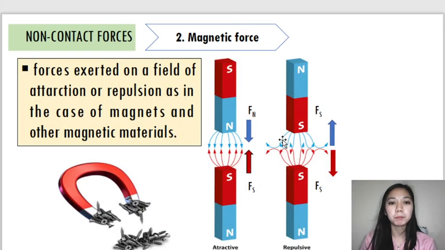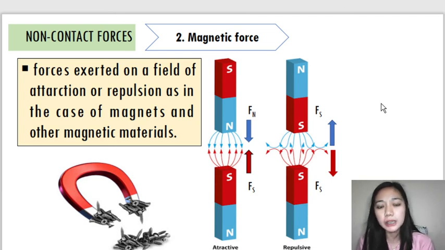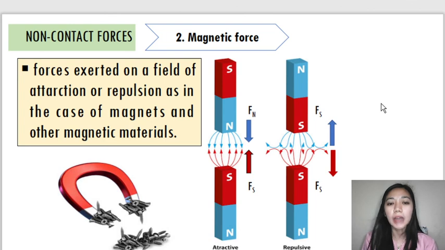Okay? Let's proceed with the last example of the non-contact forces. Example of non-contact forces is a magnetic force. And magnetic forces are exerted on a field of attraction or repulsion in case of magnets and other magnetic materials. Ibig sabihin nito, objects that have magnetic materials or metals, they could have what we call a magnetic force. For example, yung mga bar magnets or kung ano man shape ng magnet na meron tayo.